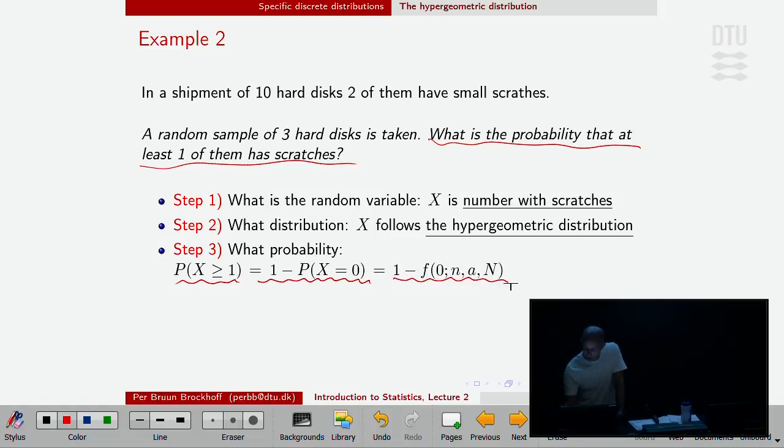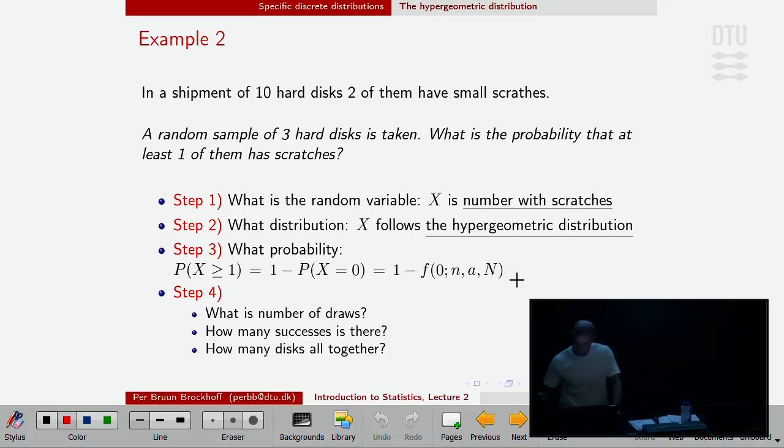That's the hypergeometric probability. Let me say this probability of seeing, for instance, 0 with scratches.